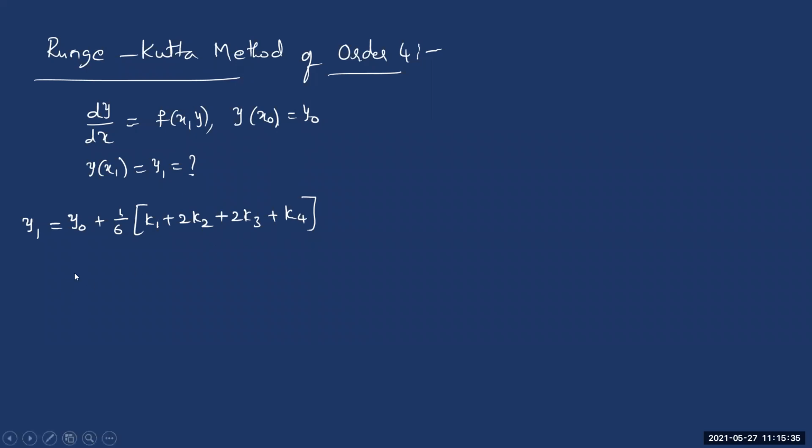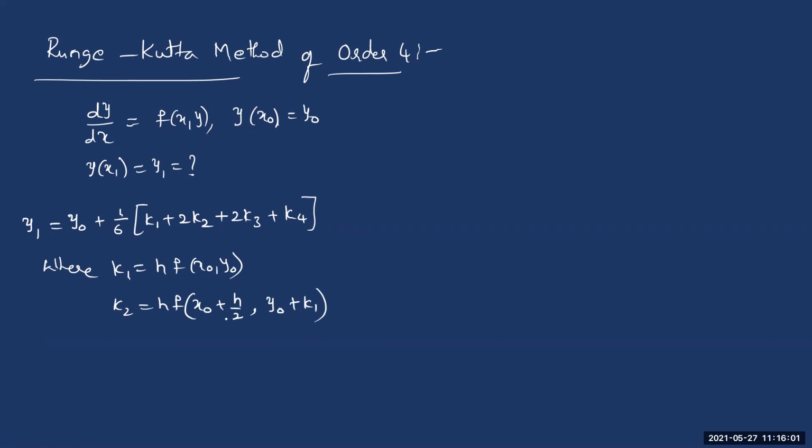Let me just write what these 4 values are. Here k1 equals h into f of x0, y0. Then k2 equals h into f of x0 plus h by 2, comma y0 plus k1 by 2, the initial value which we got from Euler's method.